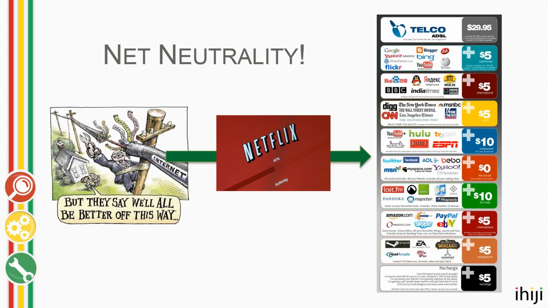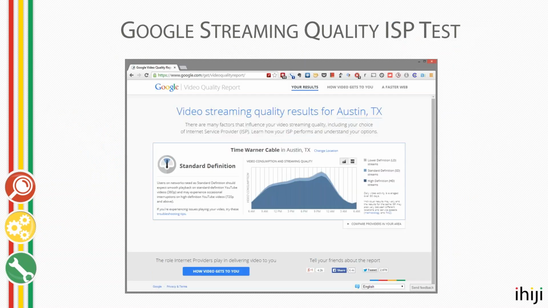So when you are seeing debates on net neutrality, pay attention to what the latest and greatest is and know what's best for you and your customers. A great way to gauge the ISP connection, and this was even more important when people were throttling, is to look at this Google Streaming Quality ISP test, which you can run in your networks and see time of day performance for your ISPs.